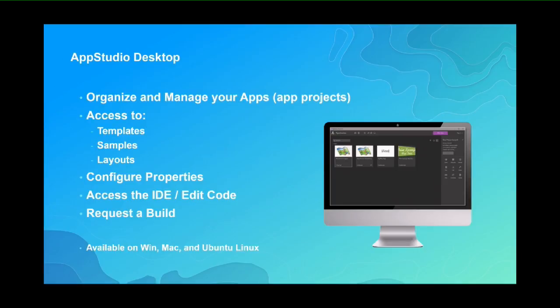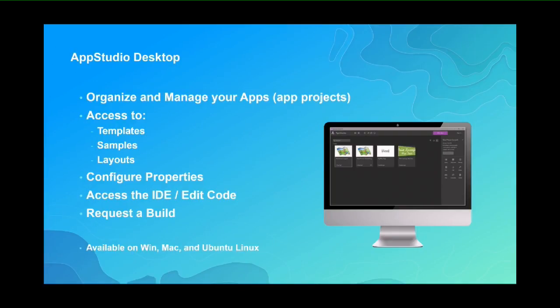Desktop gives you a way to organize your applications, so a way to not only create, but to keep them organized and share them with other people. We have access to all those templates and samples within one location. And we expose more properties in the desktop.